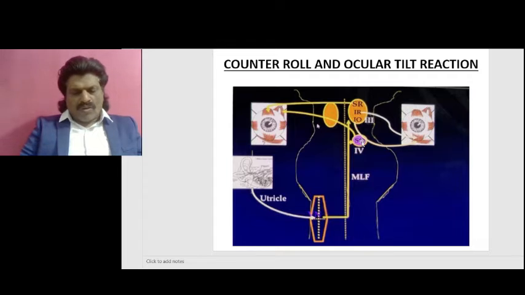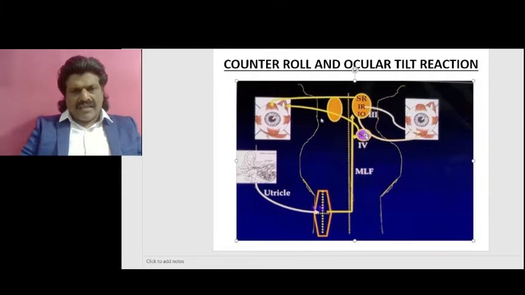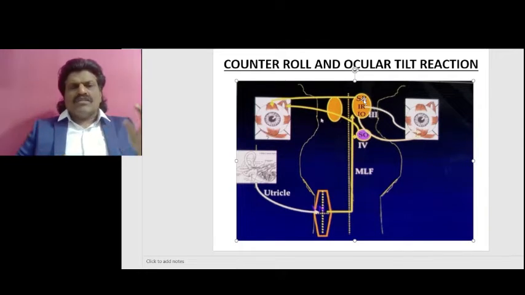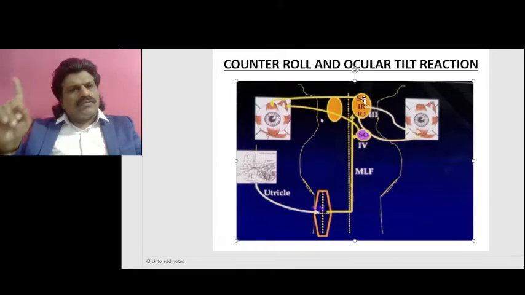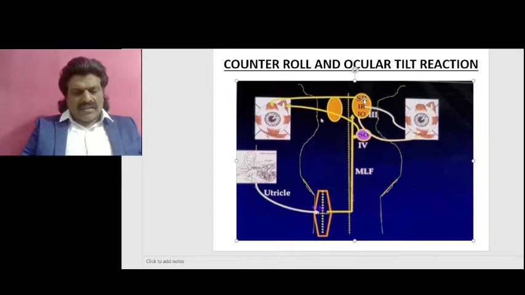So when the otolith pathways are connected to the third nerve nucleus on the opposite side, it gives rise to the superior rectus. But we all know, we have studied, that the superior rectus gets its supply from the opposite third nerve nucleus. So the third nerve nucleus again supplies the superior rectus back to the side where the otolith pathways originated.